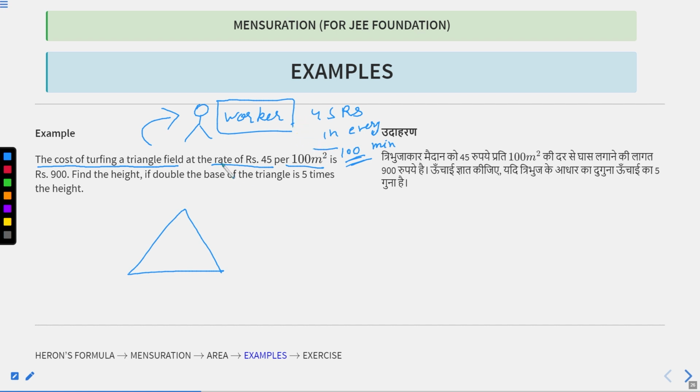Same with this. The cost of turfing of a field at a rate, that means a worker is doing the turfing at the rate of 45 per 100 meter square.